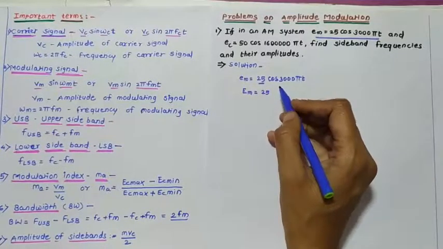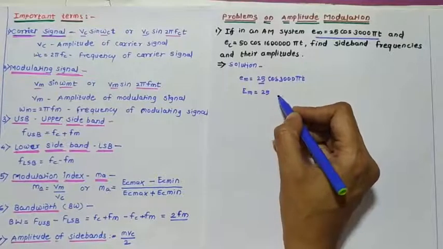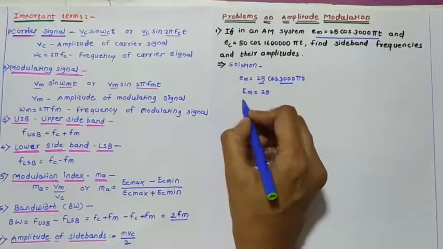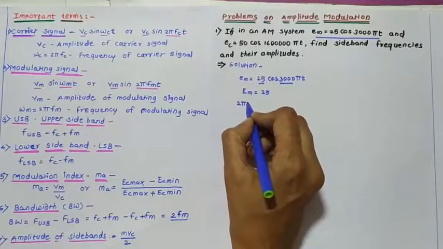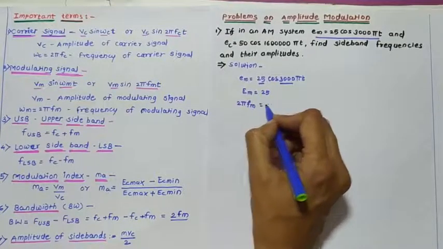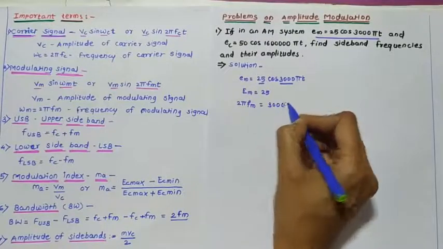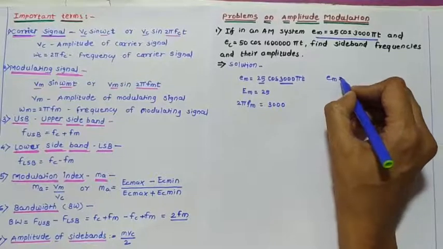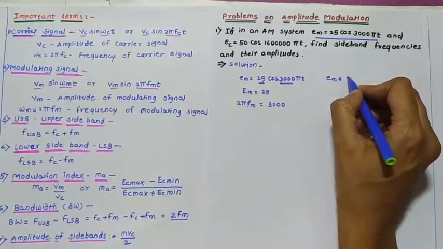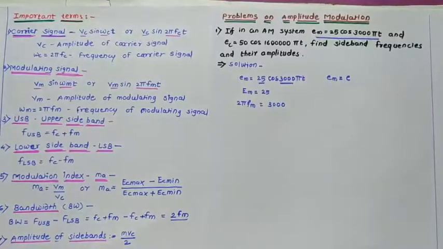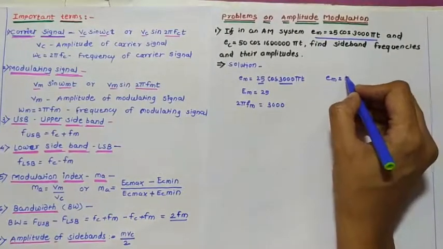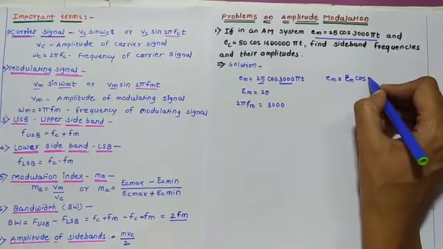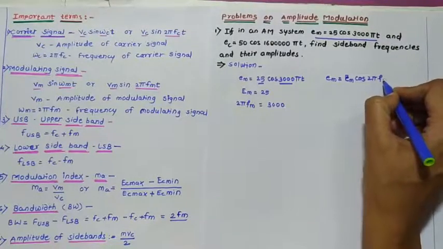Now this 3000 is nothing but 2 pi fm, so 2 pi fm is equal to 3000. As you know, the equation Em is equal to Em cos 2 pi fm t.